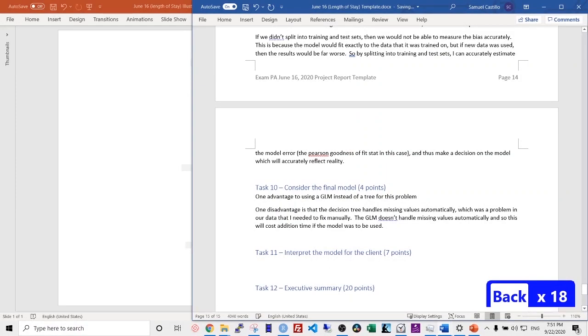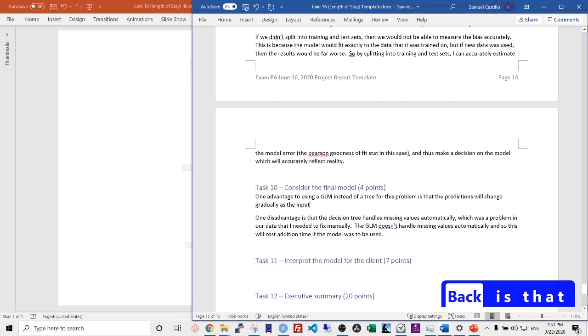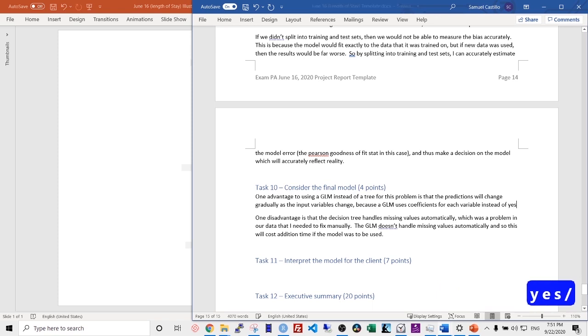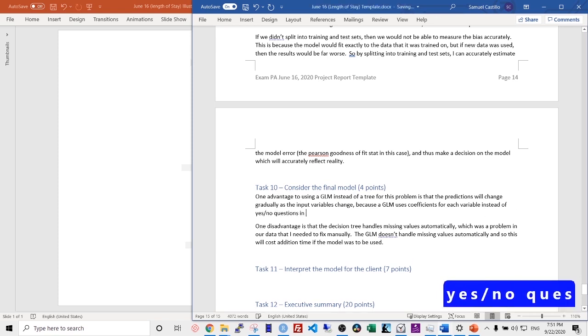So one advantage of using a GLM is that the predictions will change gradually as the input variables change because a GLM uses coefficients for each variable instead of yes or no questions in a decision tree, which results in stepwise predictions that can be difficult to explain.